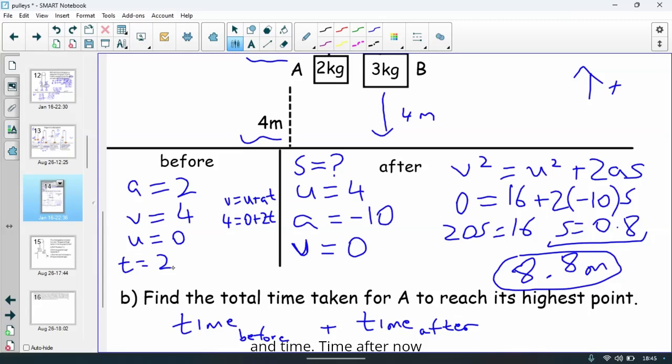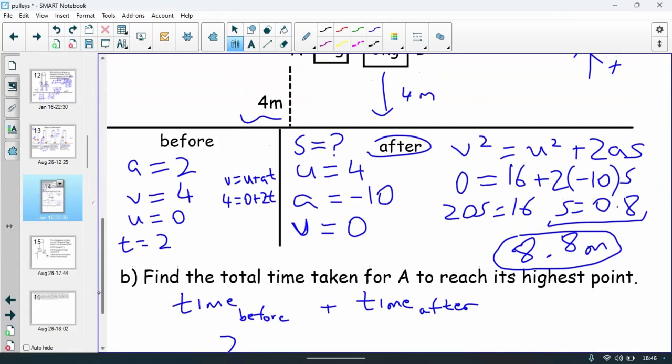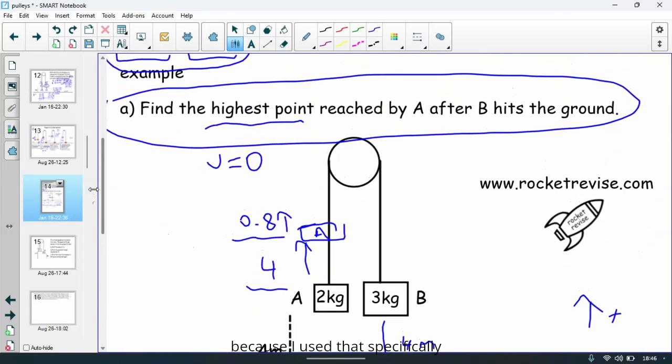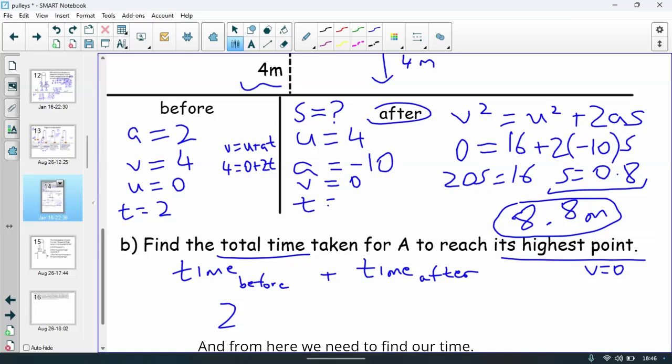And time after. Now we are at the after model, because the time before we've calculated as 2. Now V equals 0. I'm going to rub this off because I used that specifically because the earlier question said highest point. Now, this question says total time to reach highest point, so it's saying highest point again, so we can use V equals 0. And from here, we need to find our time.